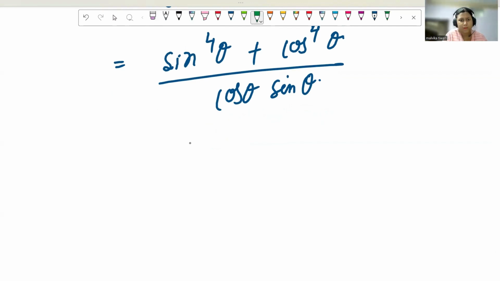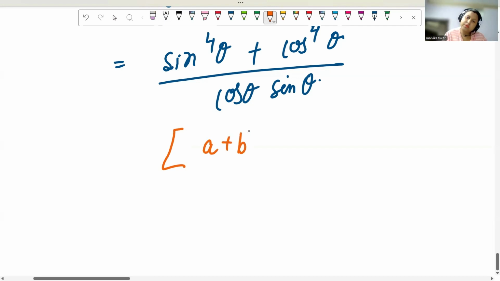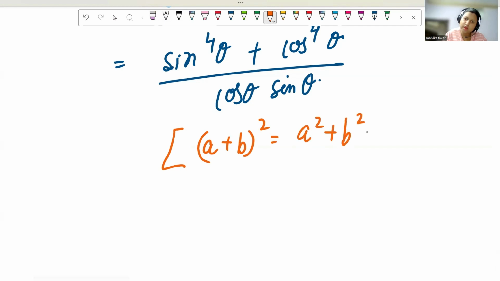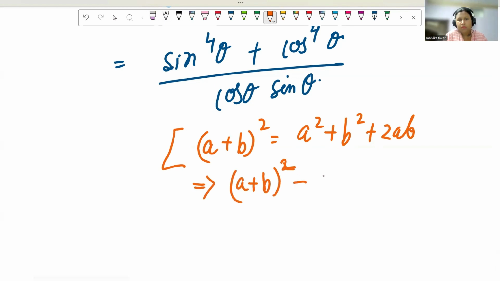Okay, so first of all, I hope everyone remembers the formula (a plus b) whole square equals a square plus b square plus 2ab. That implies that (a plus b) whole square minus 2ab is a square plus b square.